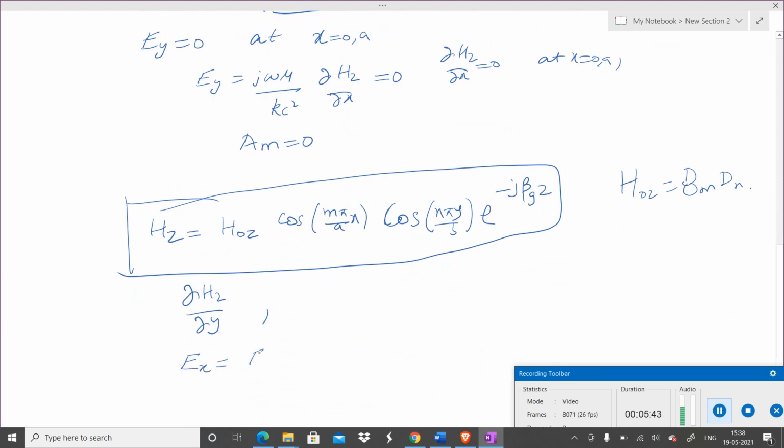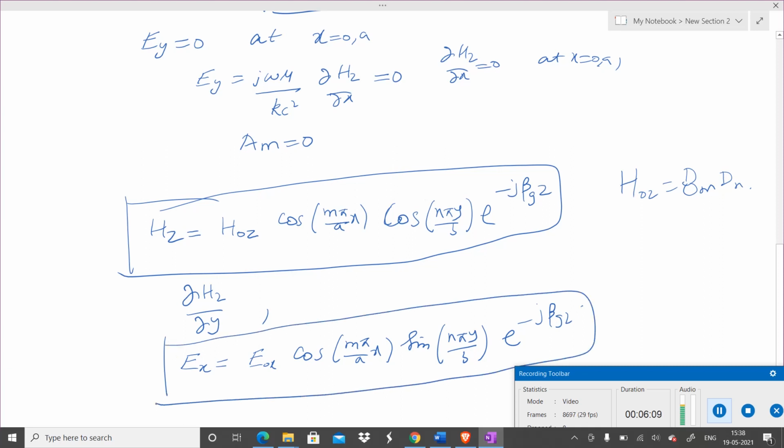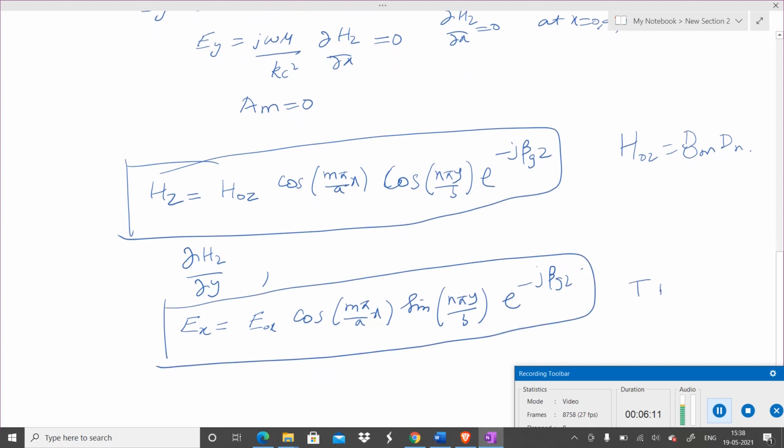Ex is equal to some constant E0x, again this constant will depend upon mu, kc, omega, and of course Bm, times cos of m pi x by a, and then sine of n pi y by b, e to the power minus j beta gz. So this is what we call the TEmn field equation in a rectangular waveguide.